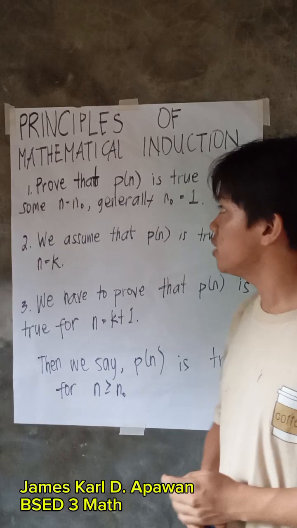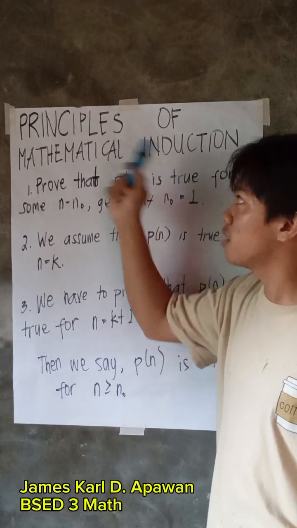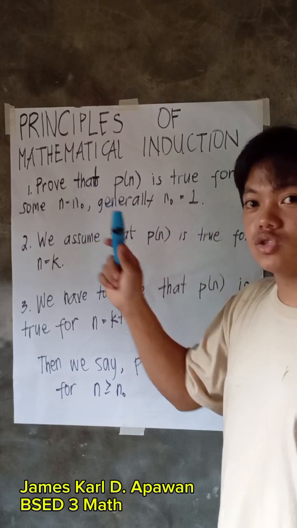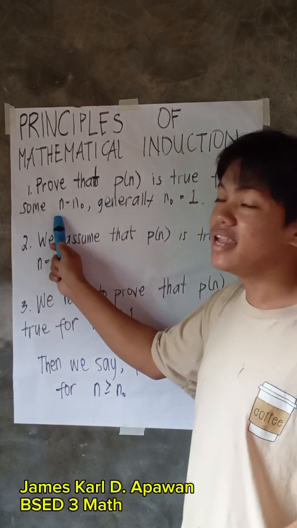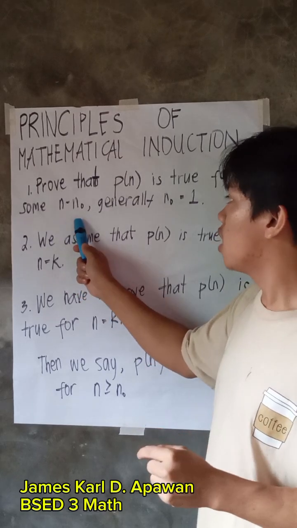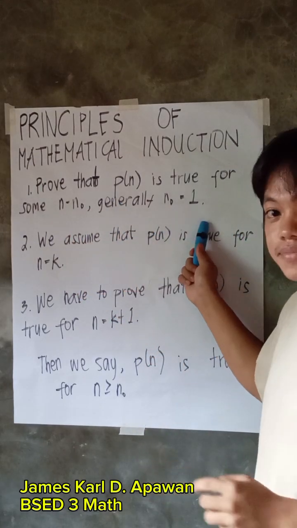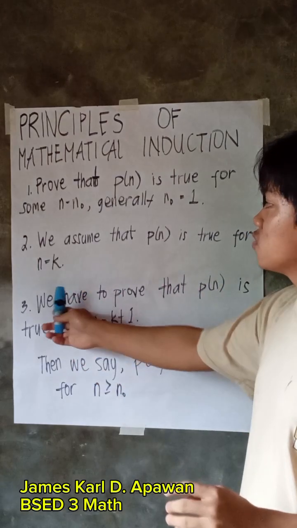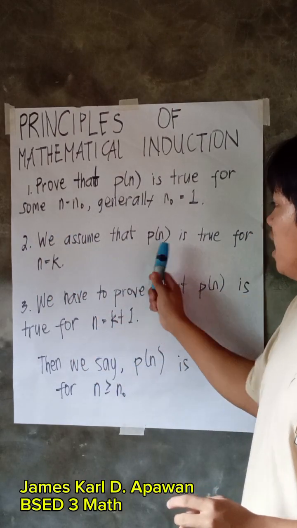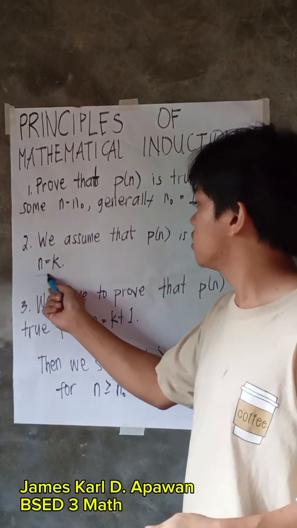Number one is that we need to prove that P of n, which represents the problem that we need to induce, is true for some n equal to n sub 0, wherein generally n sub 0 is equal to 1. Number two, next step, is that we need to assume that P of n is true for n equal to k.